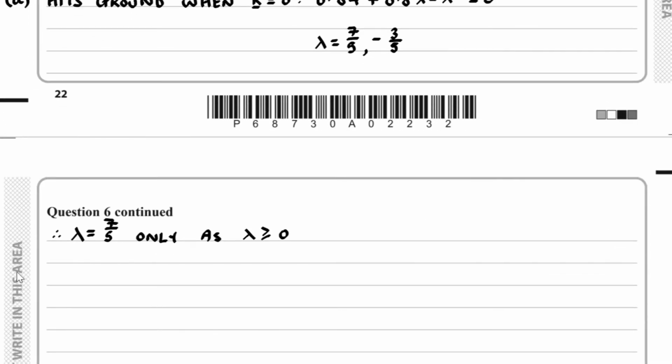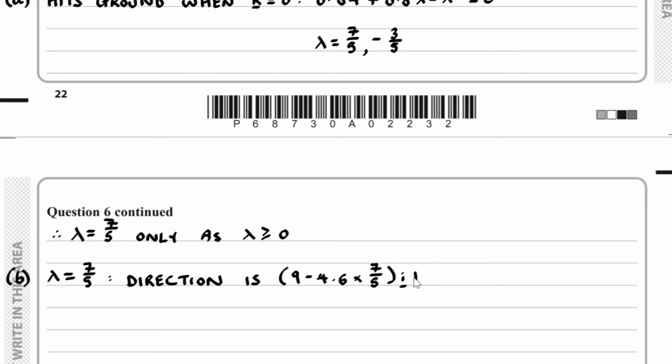So, for part B, when lambda equals 7/5, the direction will be given by 9 minus 4.6 times 7/5 i plus 15j plus 0.8 minus 2 times 7/5 k.